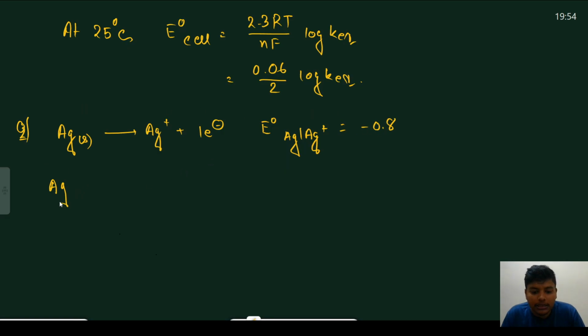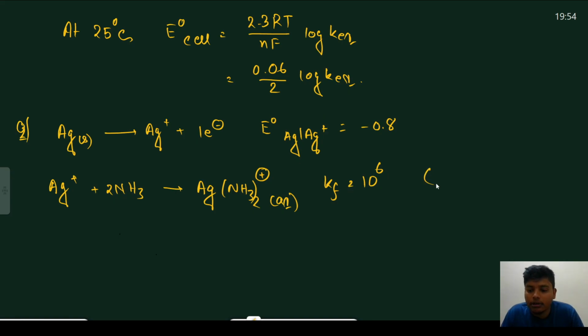Next, this silver plus, when it reacts with NH3, it will give Ag(NH3)2 plus. This is actually known as Tollens reagent, an aqueous complex. For this reaction, Kf value given, 10 power 6. You need to find out E naught cell.